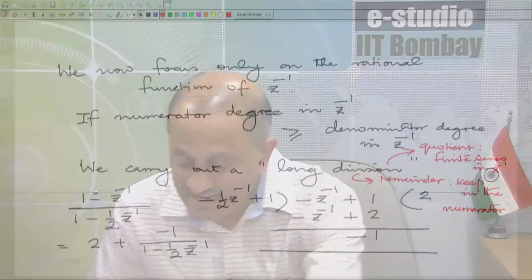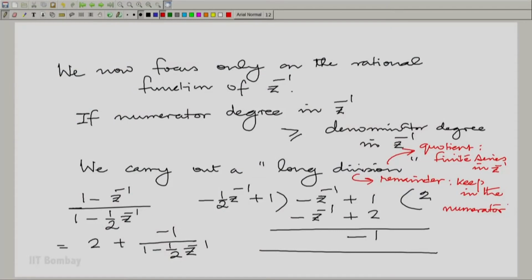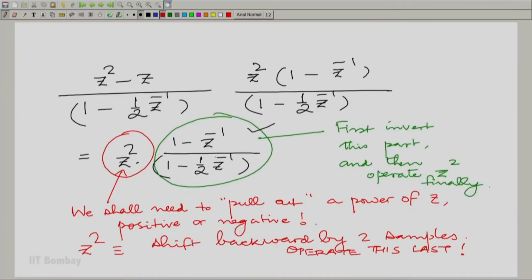In fact, if you go back to this particular example, if you get a finite series coming out from here, of course, the only finite series here is a constant 2. You can combine that finite series with this power of z.